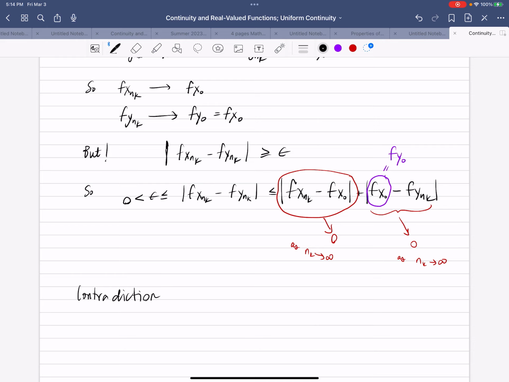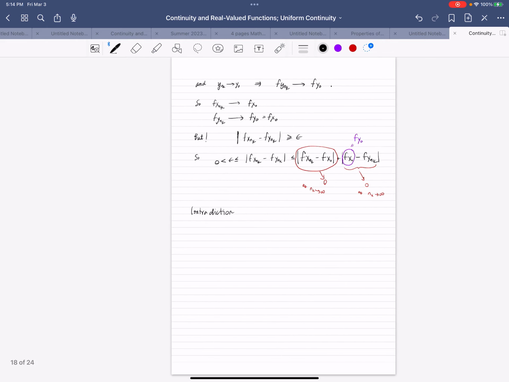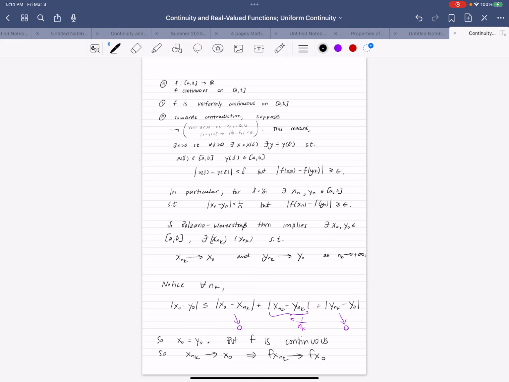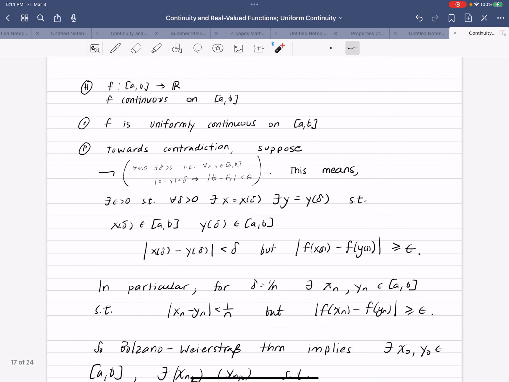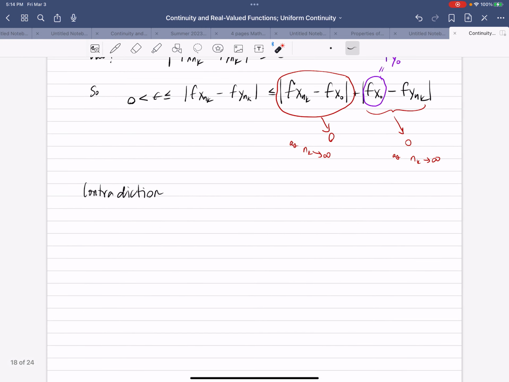So this would be a contradiction to epsilon being bigger than 0, or it would be a contradiction to f being continuous, right? So ultimately, if we suppose the negation of f being uniformly continuous, we get a contradiction. So that means f must be uniformly continuous. And that's it.